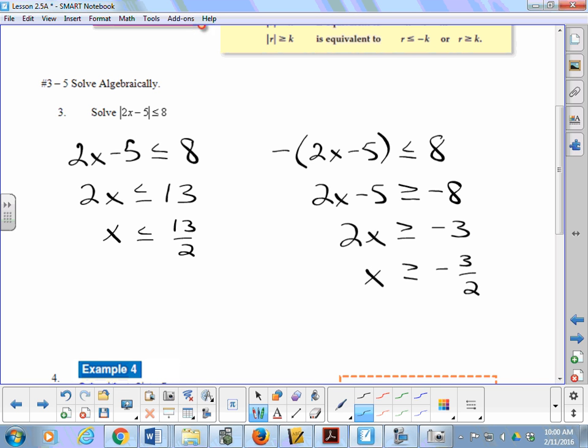So here's a situation where the smaller number is in my right-hand inequality.